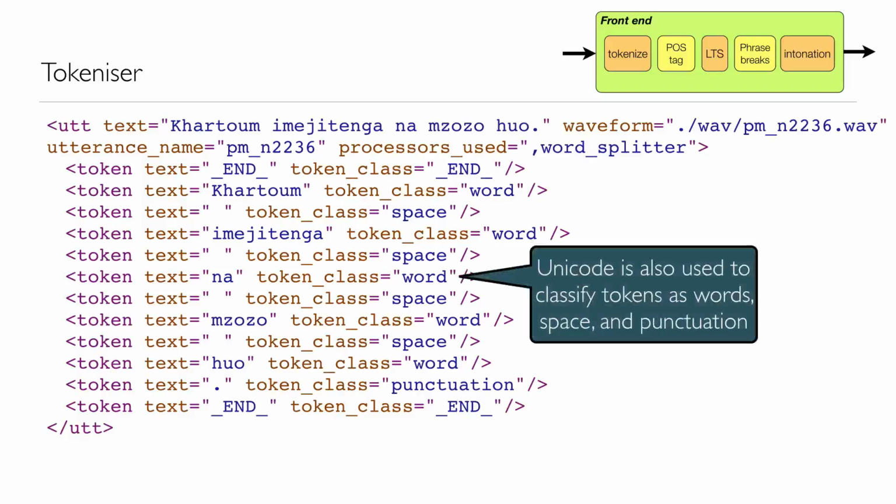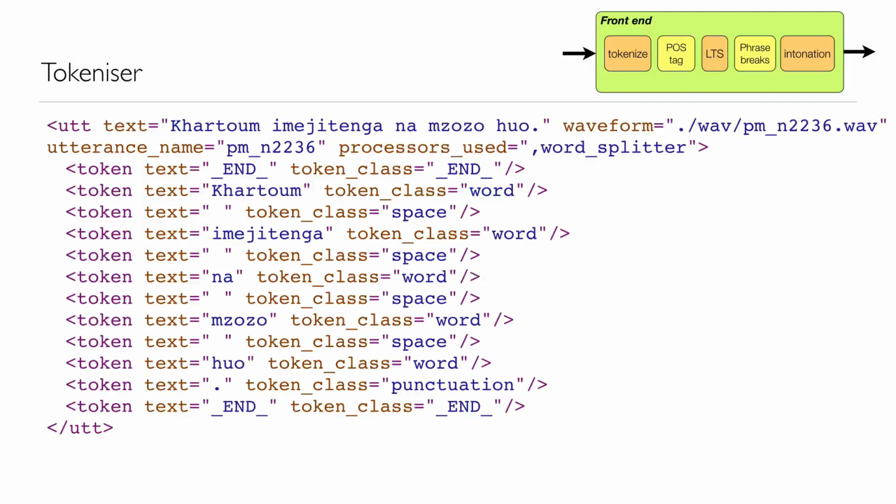And again, we can use Unicode character properties as a way of classifying these tokens, so we have some idea of what are words and what are spaces, what are punctuation and so forth. So that does some of the work of a conventional tokenizer.